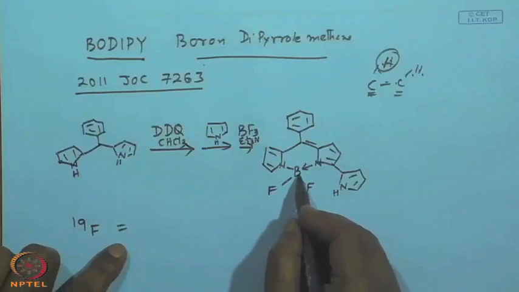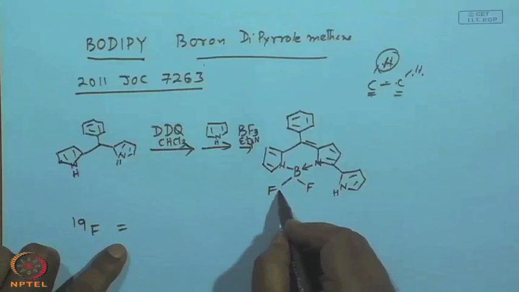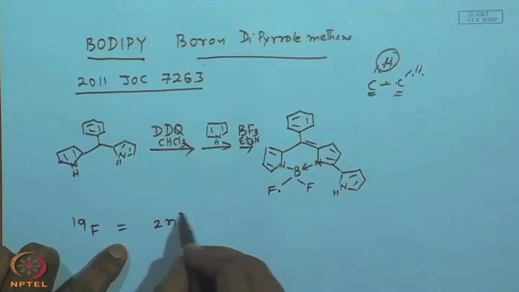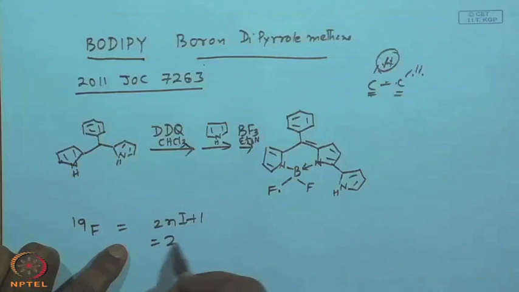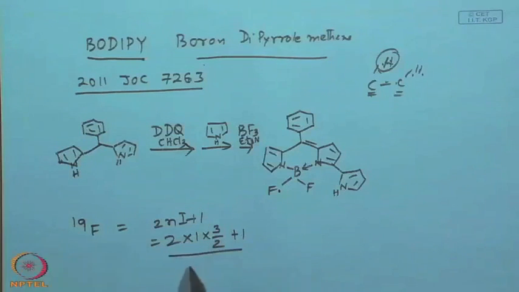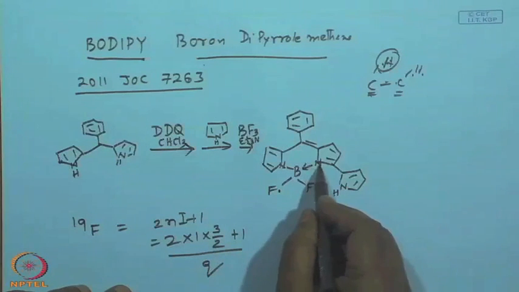So, that means boron would split this fluorine. What should this splitting pattern be? The formula is 2nI plus 1. In this case, n is 1, boron-11 has I of 3/2, and so a quartet. So, it should be a quartet, fine. What else? Nitrogen population is very low.